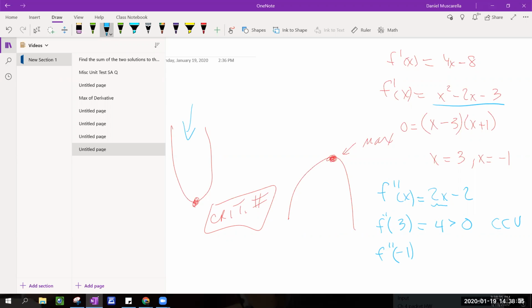Then if I plug in negative 1, 2 times negative 1 minus 2, I get negative 4, which is less than 0. So that's going to be concave down.